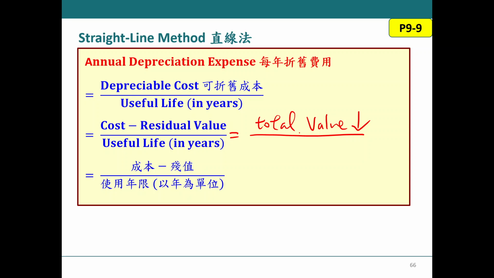So useful life is how long you will use the PPE. So total value decrease divided by how many years you use the PPE. So can you find out the value decrease for each year? Yes, right?